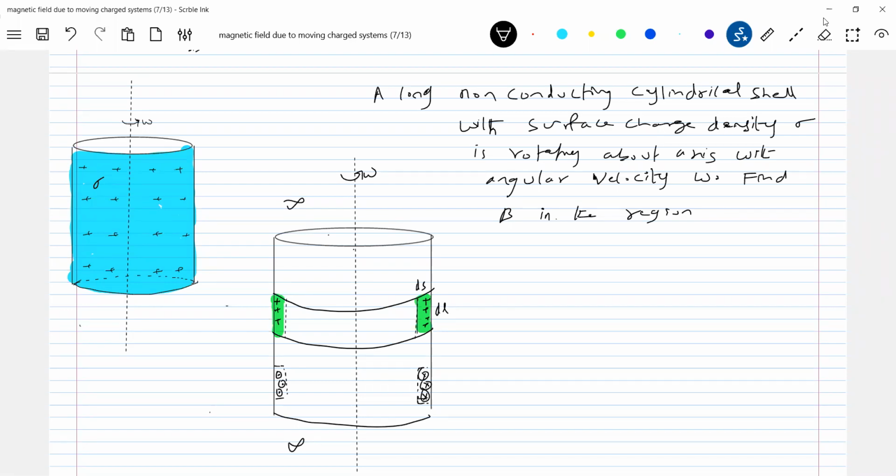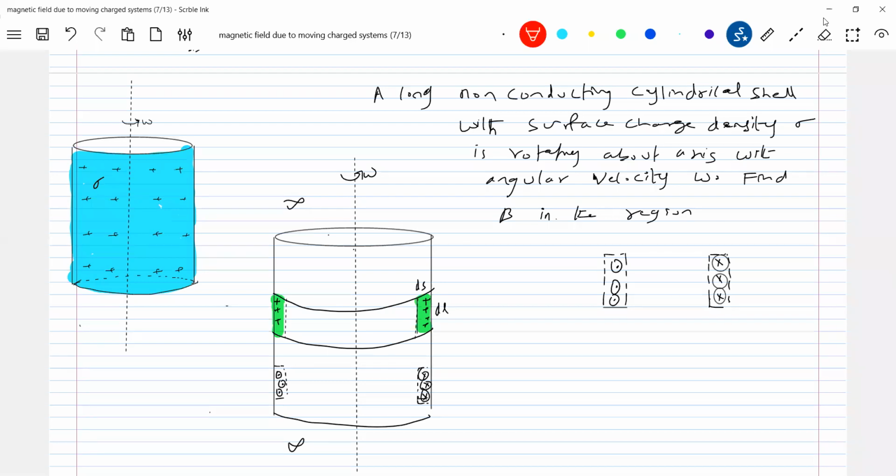Now, how will this sheet produce field here? Bring out those two sheets. Only a part of the strip is shown here; actually it is long, but for convenience I'm showing only this one. Now, how will B bar due to this be?